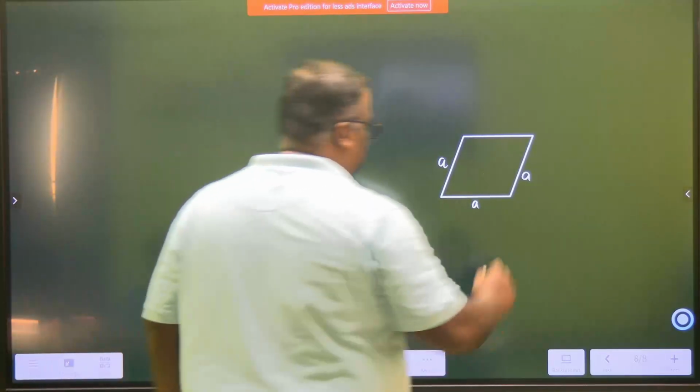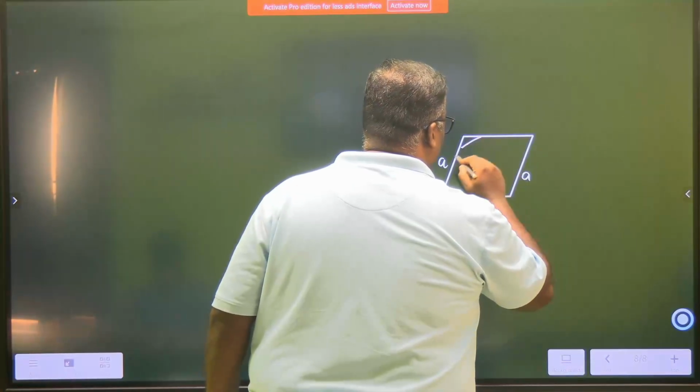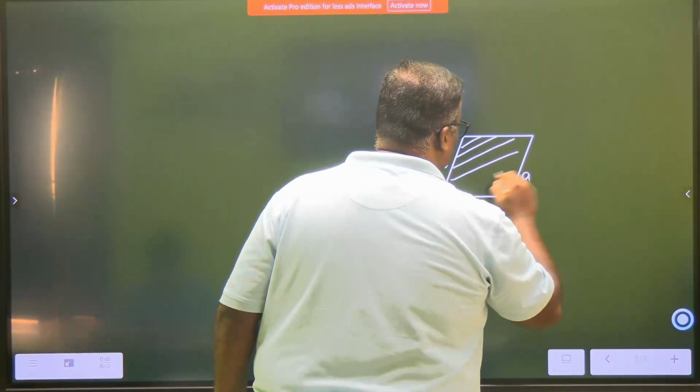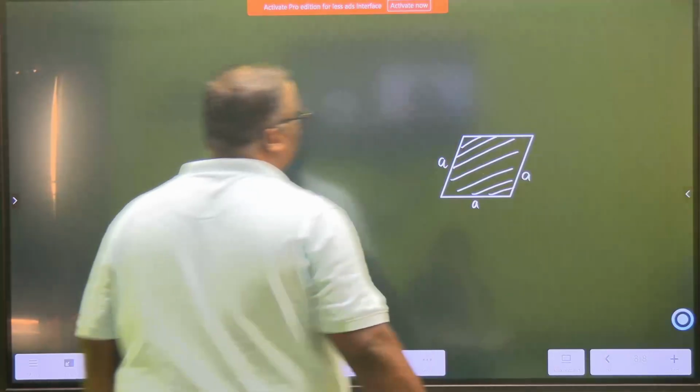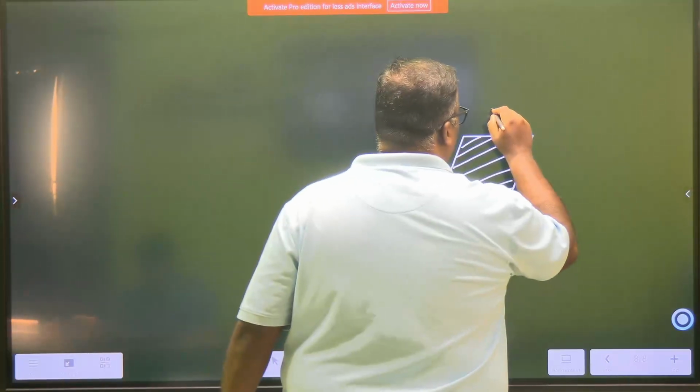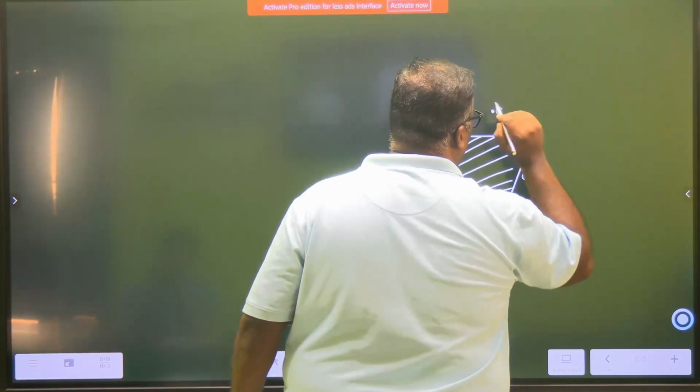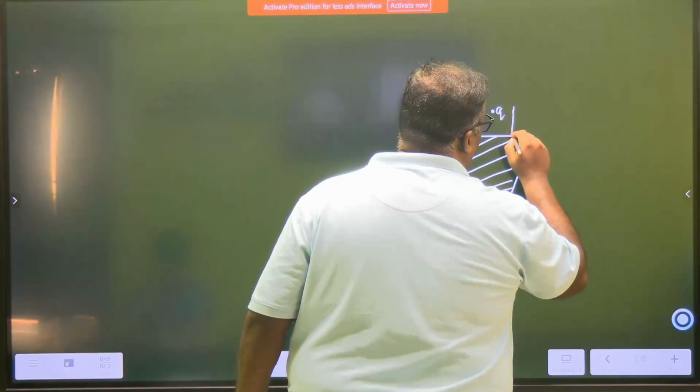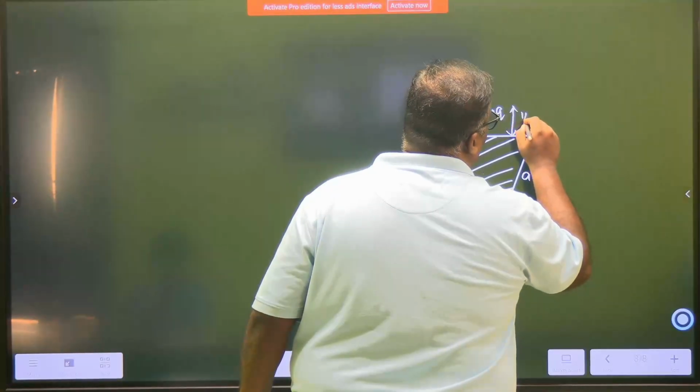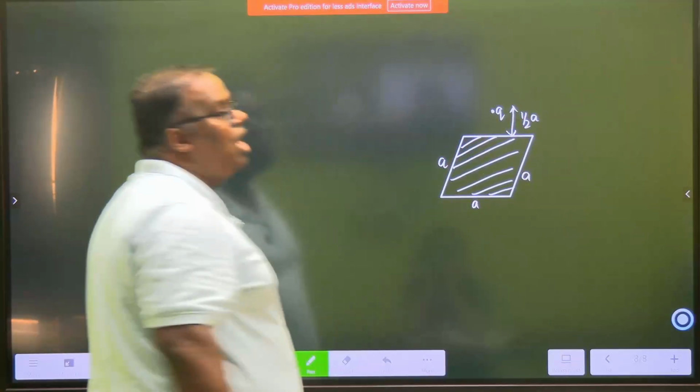All right. And let me etch this so that you understand it properly. And the charge is here called Q, which is at a distance half A from here. Half A from here.